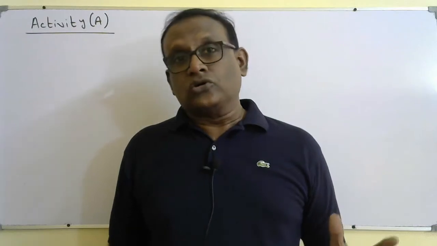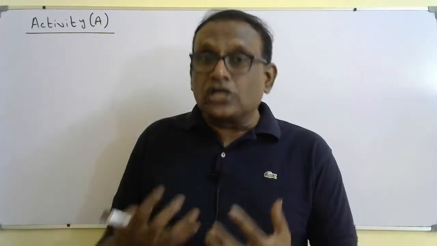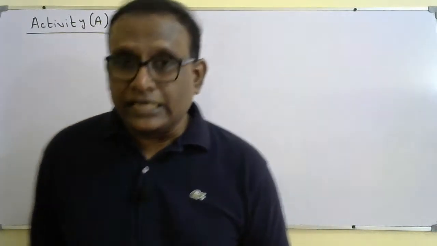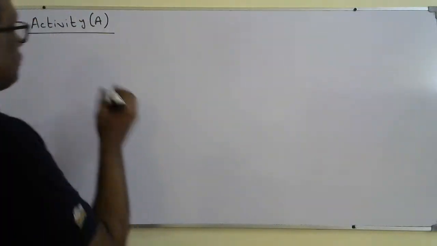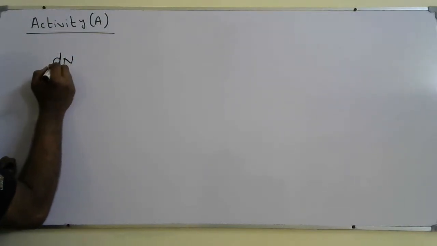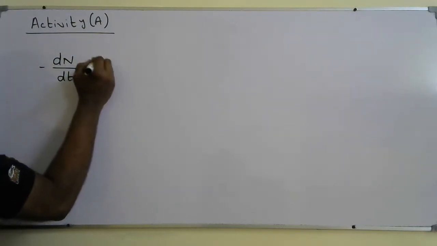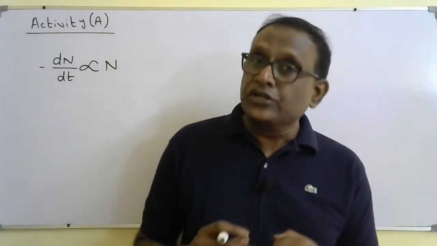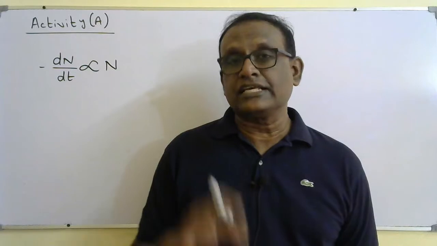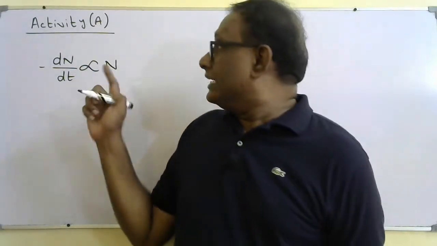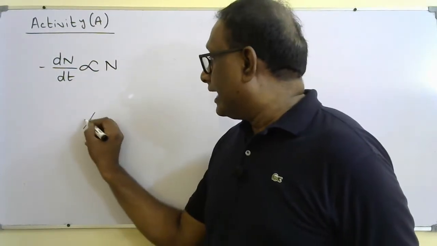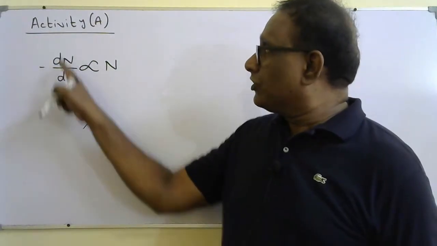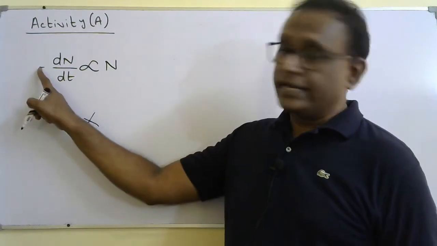The most suitable pattern is that the rate of disintegration, dN over dt, is directly proportional to the number of radioactive nuclei remaining, with a minus sign as I already explained.